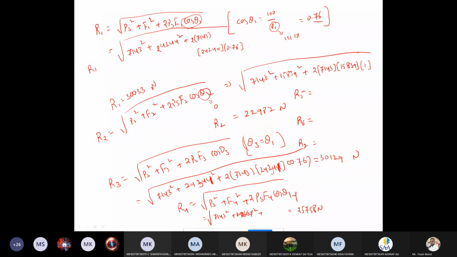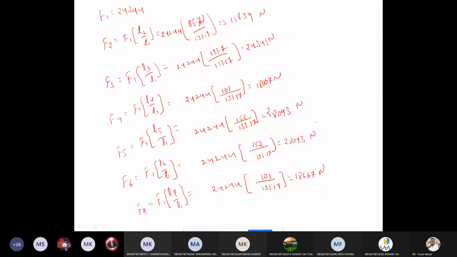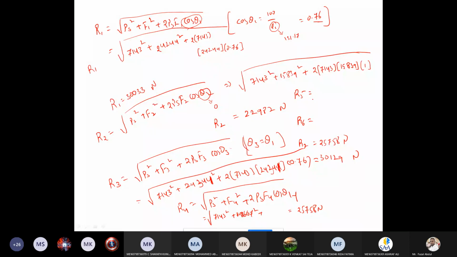I think R4 and R7 are the same, 25758 newtons. R6 and R5 are both the same. Tell me the R5 value, then we'll get the rest automatically. Get the R5 value.